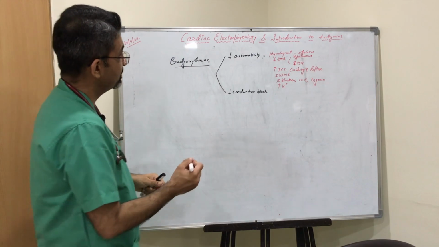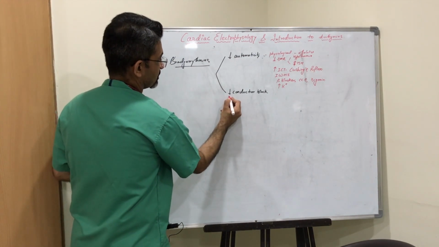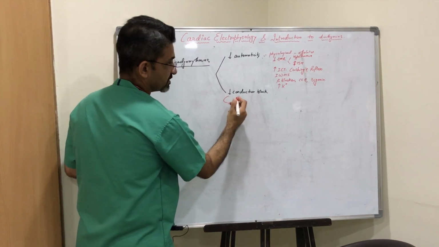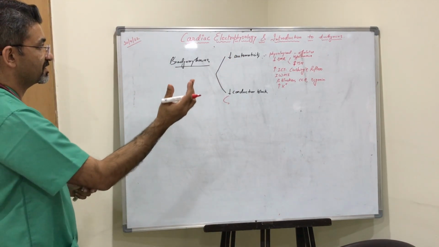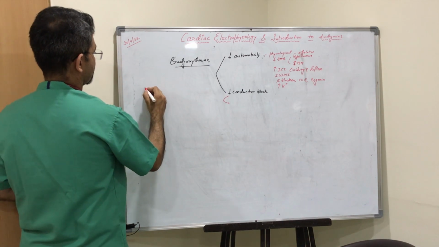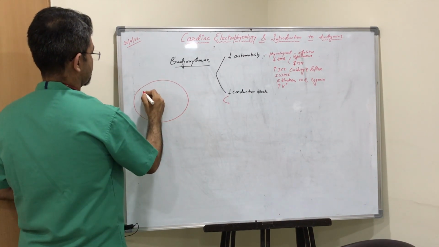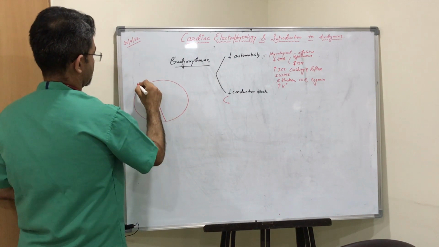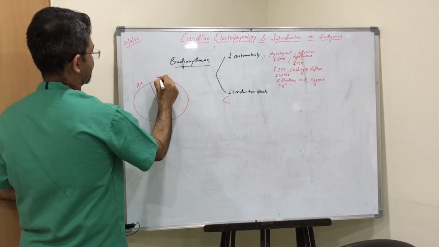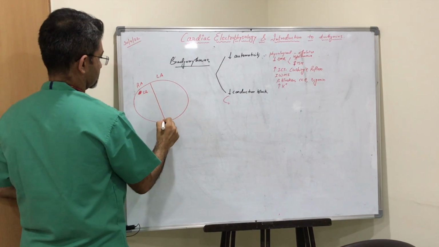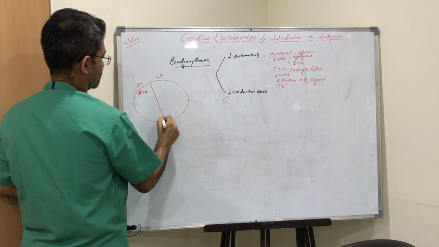Now you have conduction blocks. In conduction blocks, again, it can be because of some disease per se of the conduction system. Now there are two types of conduction system. If we draw atria like this, right atrium, left atrium, this is your SA node, this is your AV node.